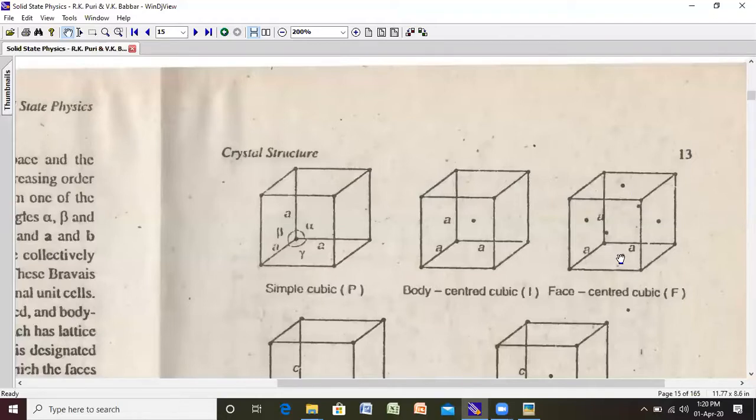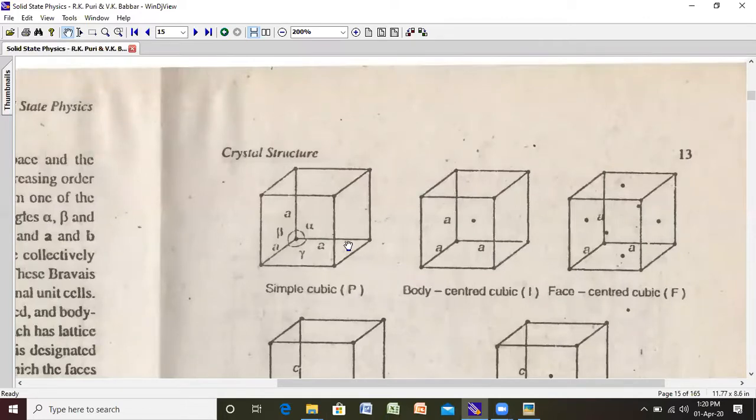So you can see from the screen that there is a point at the bottom, a point at the center of the left side, a point at the center of the right side, a point at the center of the front side, a point at the top, and a point at the center of the back side. So all 6 faces of the cube have a lattice point. So this is called face centered.